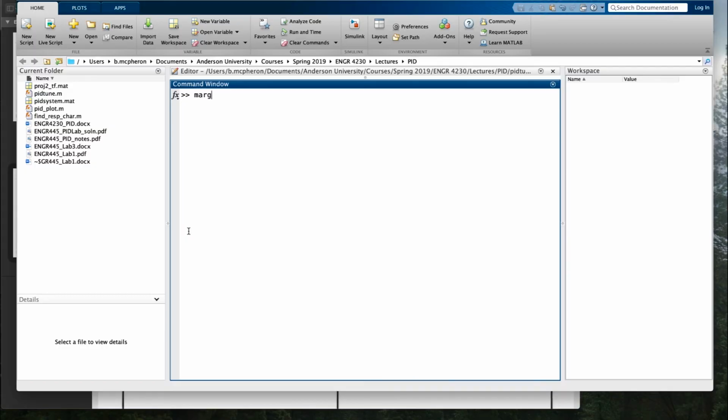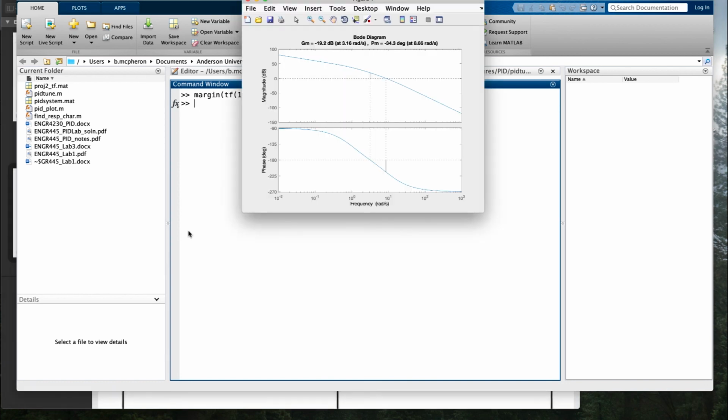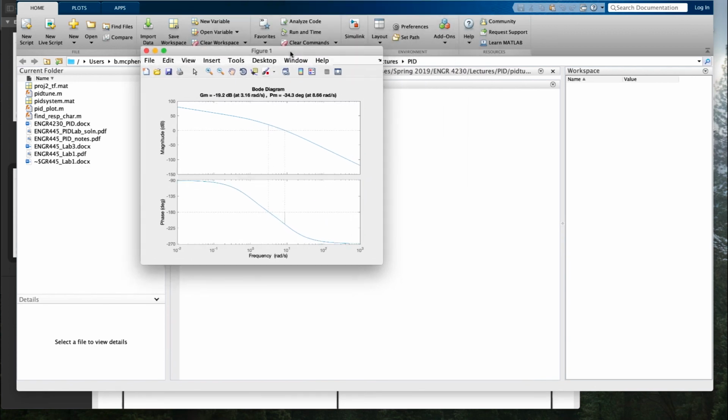If I type into MATLAB margin of the transfer function of 1000, comma, 1, comma, 11, comma, 10, comma, 0, close those parentheses, it is going to generate for me a Bode plot. Let's scooch this down so you can see it.